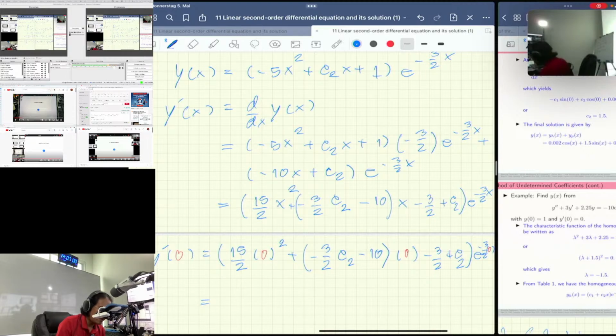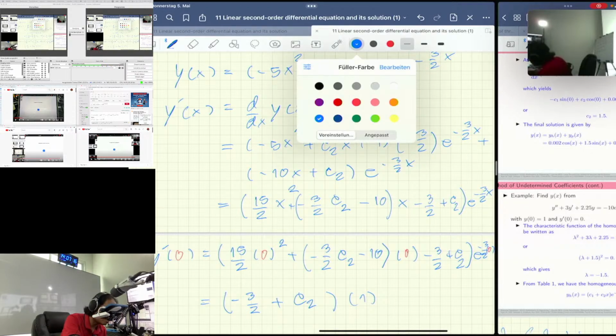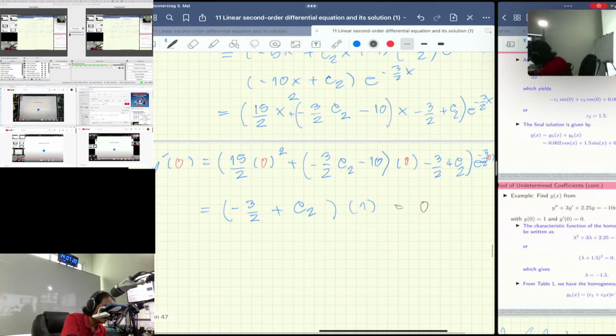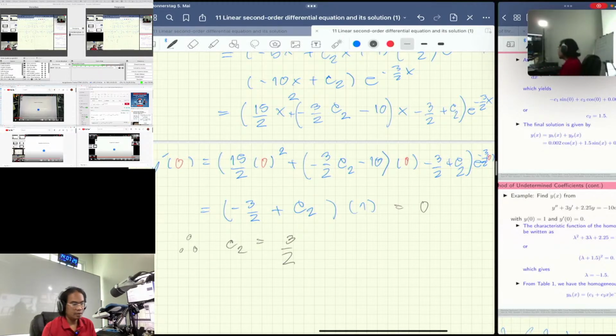The first term will be 0, so you don't have to worry about that. It's going to be -3/2 plus c2 times 1, and it should be equal to 0, right? So it means therefore c2 is 3 by 2. Okay, c2 is 3 by 2.